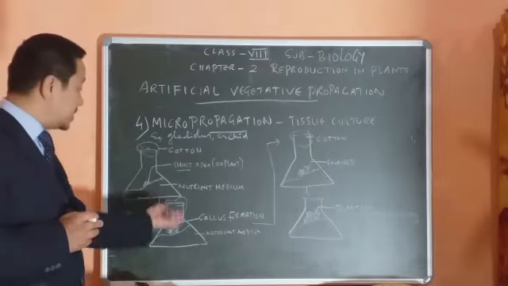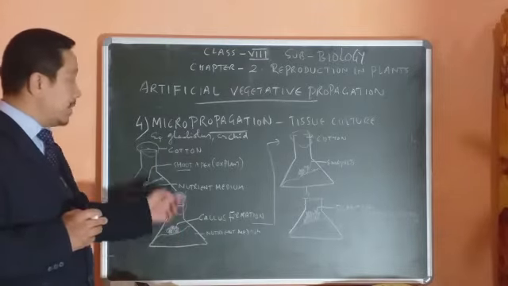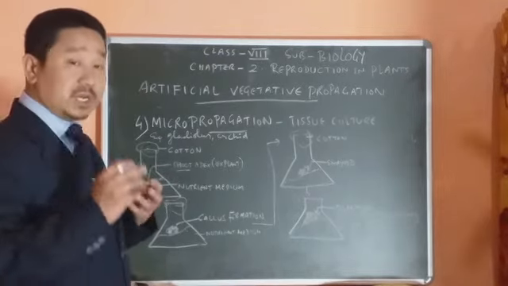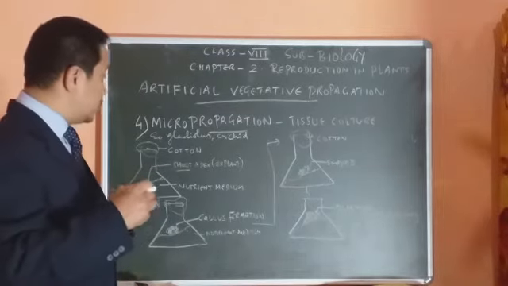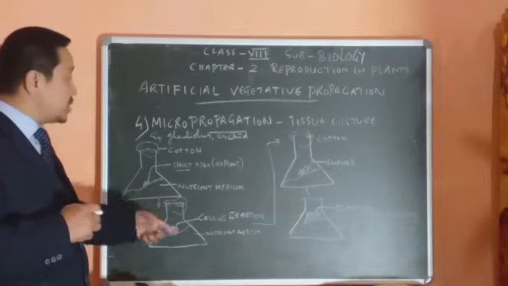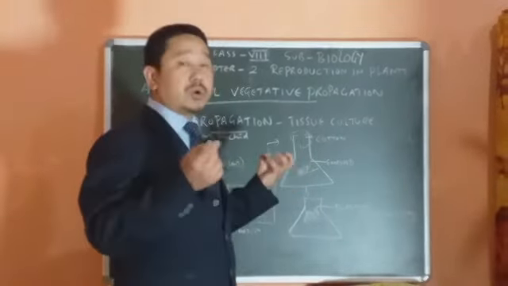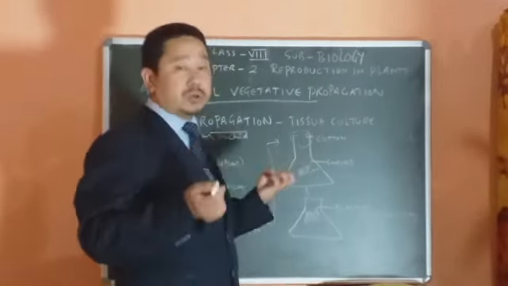After callus formation, cell differentiation continues, and in the third stage, embryoid is formed.